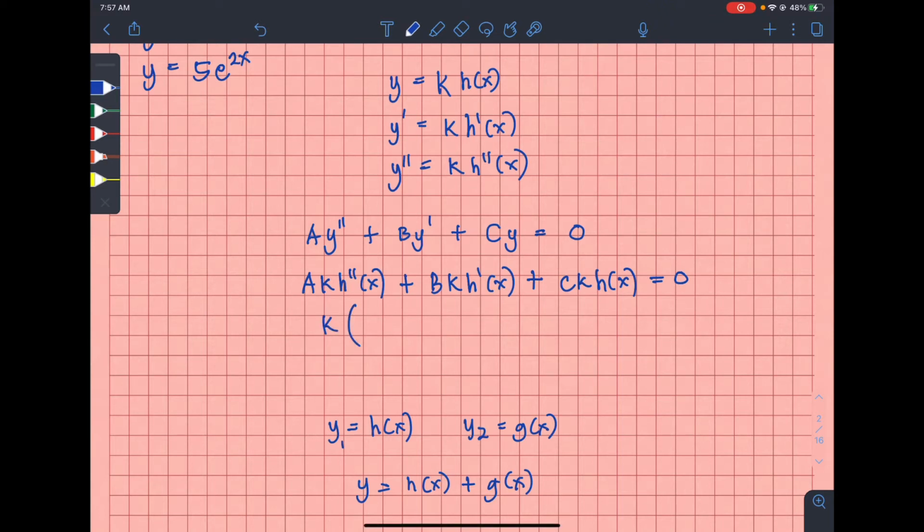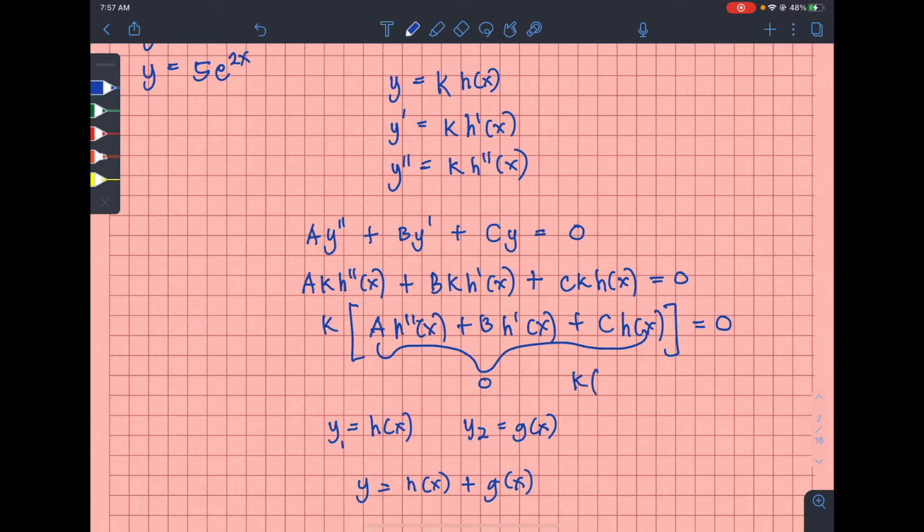So k times a h double prime of x plus b h prime of x plus c h of x is equal to 0. However, remember that this is 0. So therefore, k times 0 is equal to 0, and 0 is equal to 0 as well.